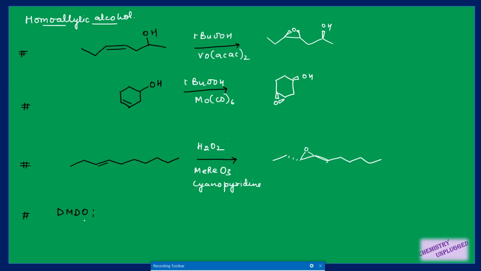We have one more epoxidizing agent, that is DMDO. DMDO is dimethyl dioxirane. So how can you synthesize this dioxirane? Because sometimes in a reaction they will not directly give you DMDO, but they can give you a ketone. For example, in this particular case, because we are synthesizing dimethyl dioxirane, we will use acetone, right?